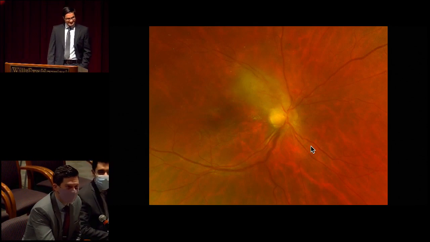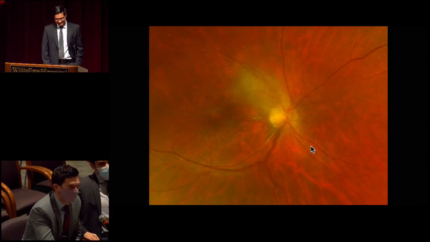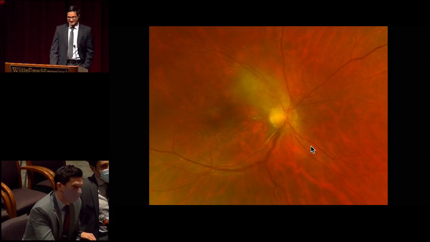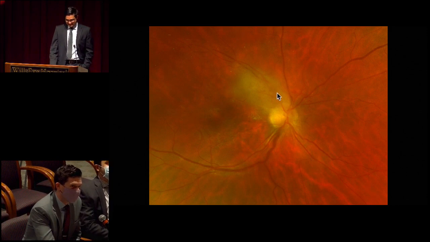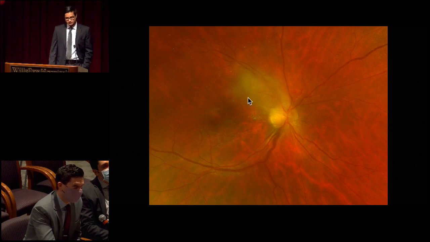Never mind. So zooming in a little bit, we get a little bit better delineation of this area of whitening here. Again, there's really quite a bit of obstruction of the vessels here, so I would imagine there may be some overlying vitreous opacity here.